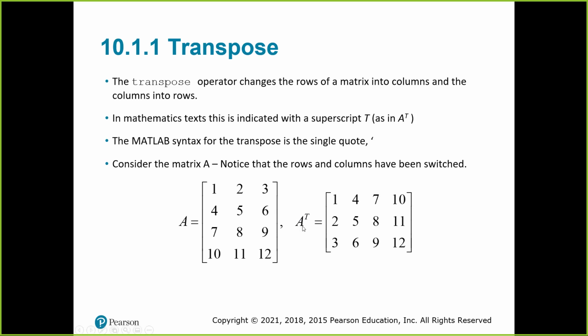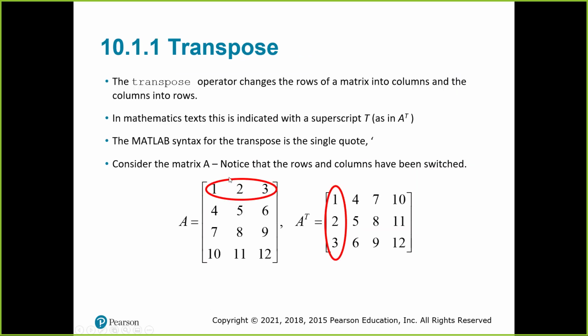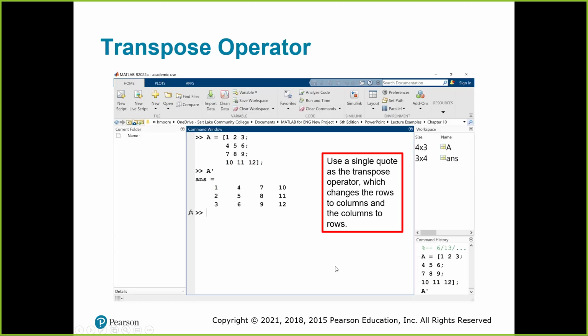But obviously the code for MATLAB is with a single quotation mark. So here we go. It transposes the numbers. So it goes rows to columns and columns to rows. Okay. So it uses a single quotation mark, which does that all for you.